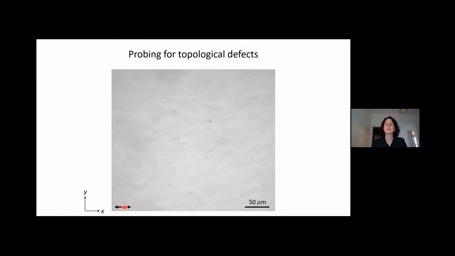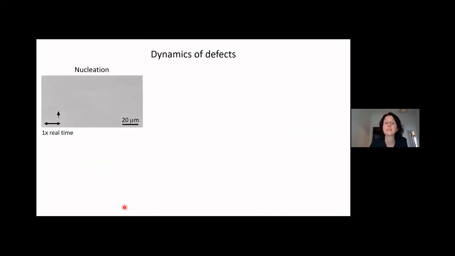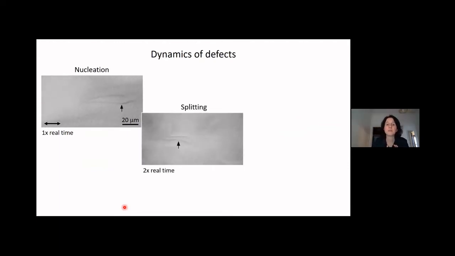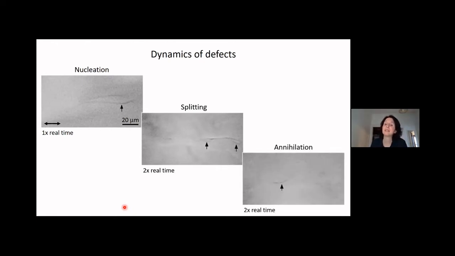And indeed, we see many dark features or many topological defects emerge. We can see them nucleate from uniform regions. Sometimes we get lucky and we see them split. And we can see how they annihilate back into a uniform region.